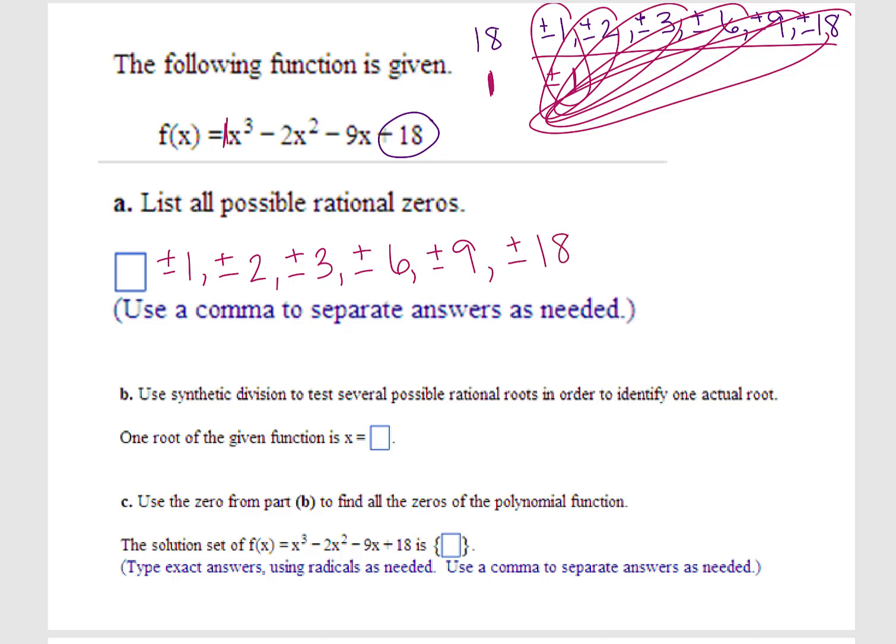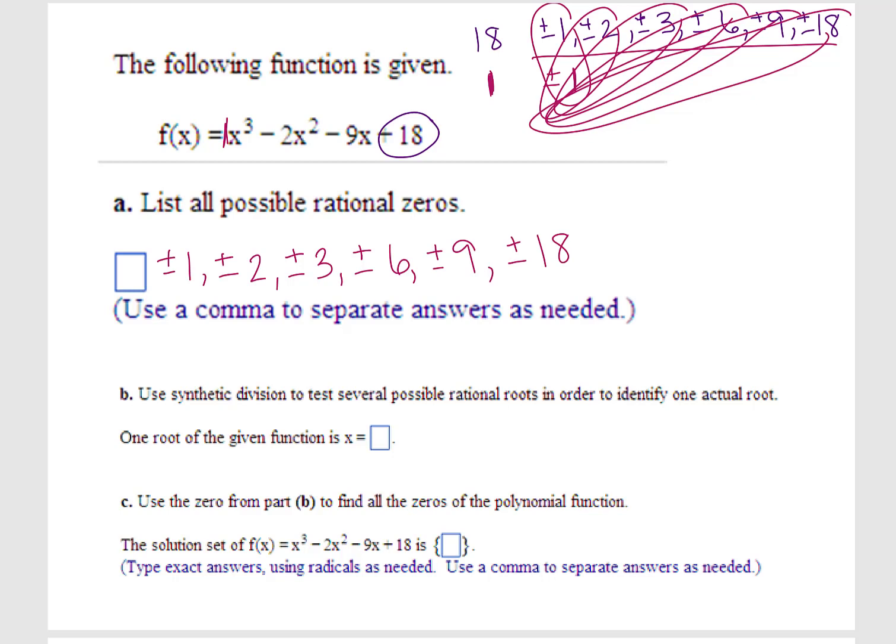It is so nice when the denominator is a positive 1 or a negative 1. So if the leading coefficient is a positive 1 or a negative 1, it makes finding all the possible rational zeros a much easier feat.